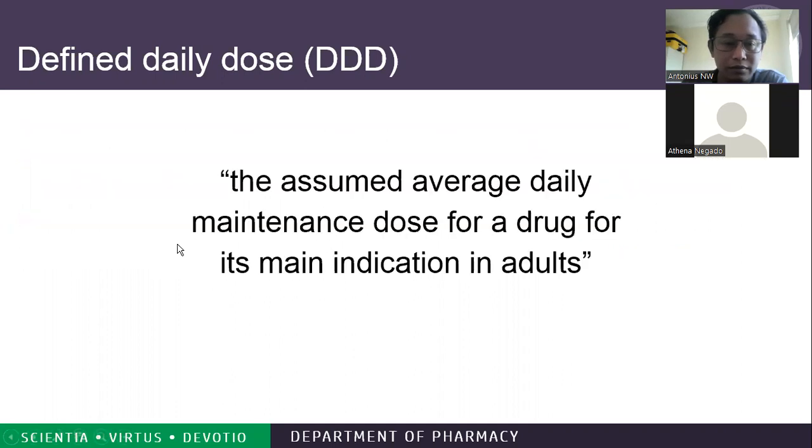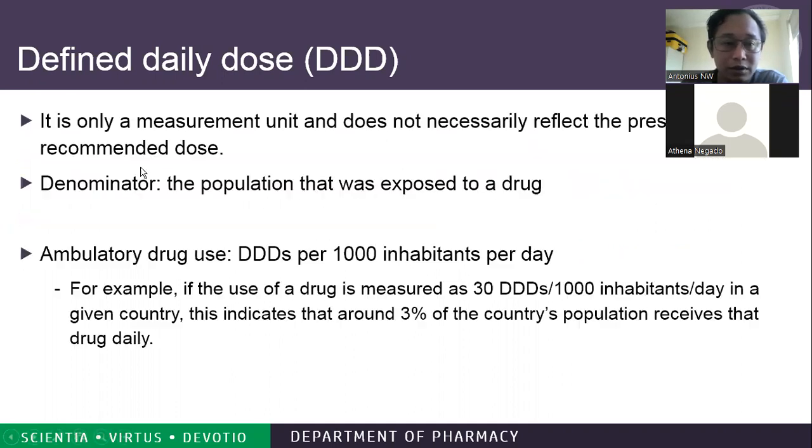This definition I already told you. There are some formulas to calculate the DDDs, so it is not just a single formula. You can see it in the website that I presented to you.